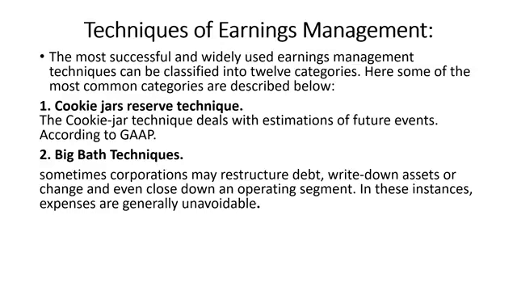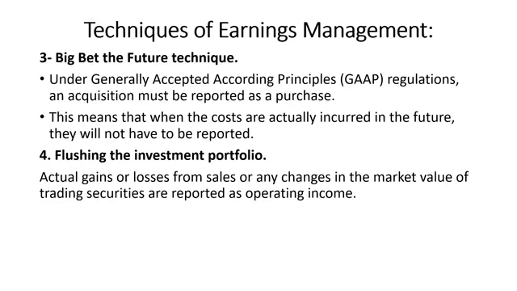Okay, the third one is the big bet on the future technique. Under the generally accepted accounting principles, the GAAP regulations, an acquisition must be reported as a purchase. This means that when the costs are actually incurred in the future, they will not have to be reported.